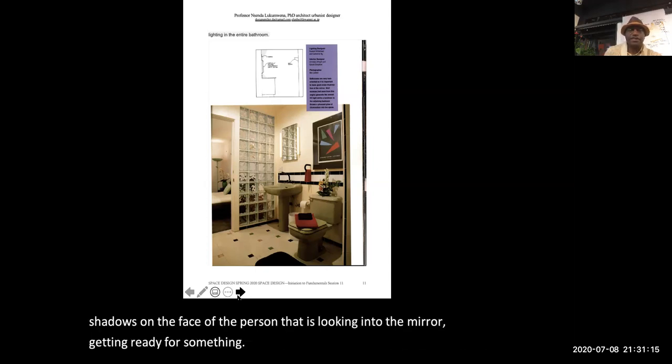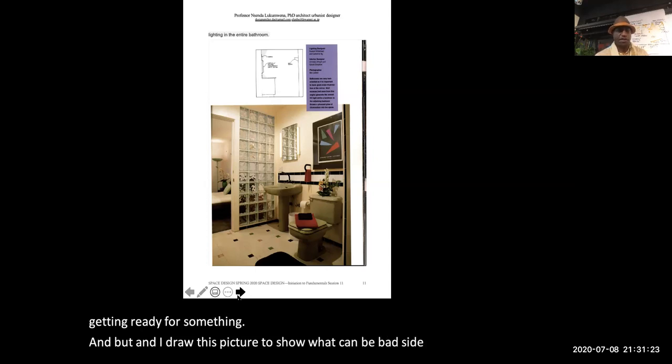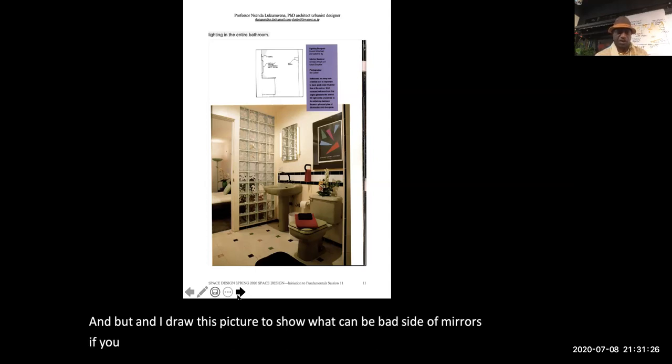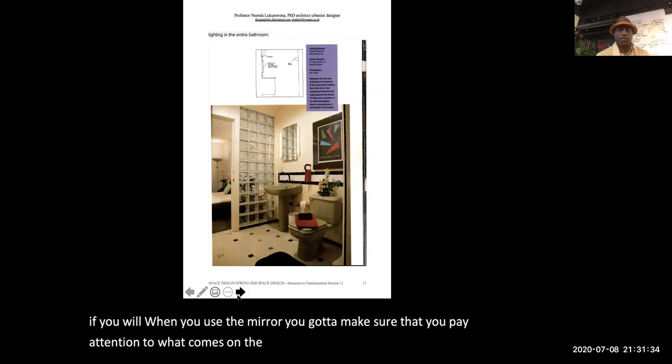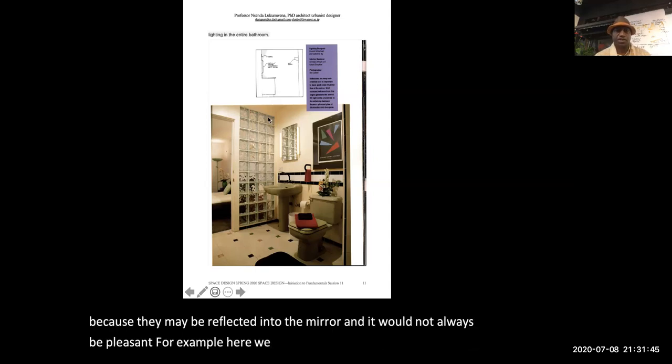And I chose this picture to show what can be a bad side of mirrors, if you will. When you use a mirror, you have to make sure that you pay attention to what comes on the side, on the other walls in a bathroom, because they may be reflected into the mirror, and it would not always be pleasant. For example, here we have these glass boxes.